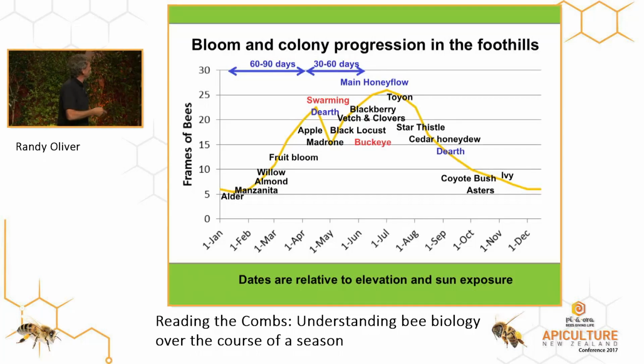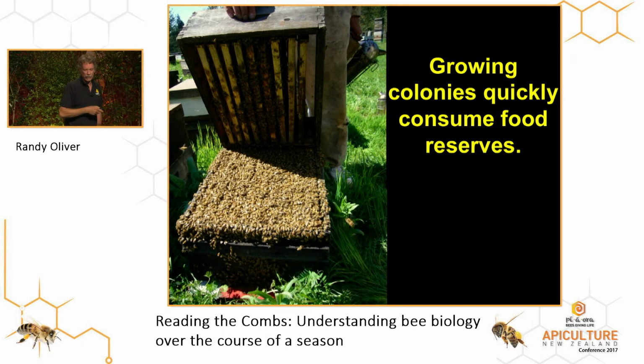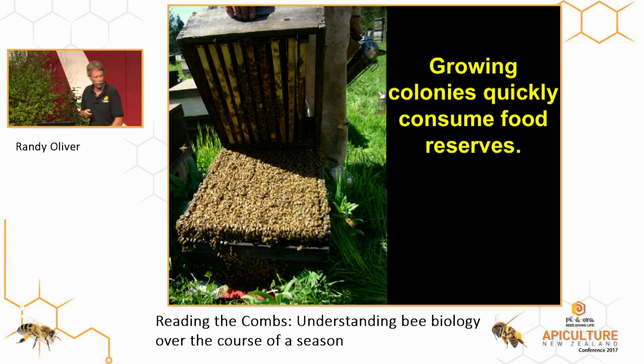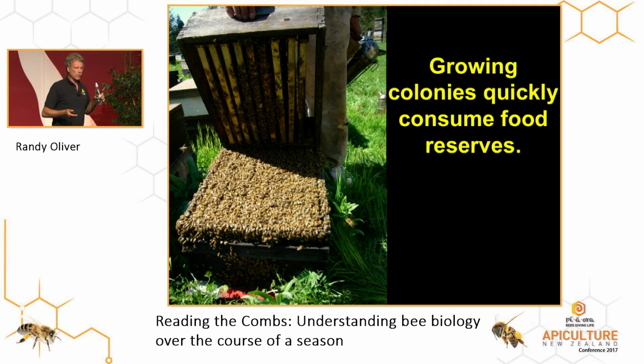Now, okay, we're going to go back to springtime here right now, and we've split all our colonies after almonds. They've built up to singles looking like this, just overflowing with bees. We put the second brood box on. And as long as the weather's good, they're going to just fill that second box full of nectar, and there'll be good, strong colonies.